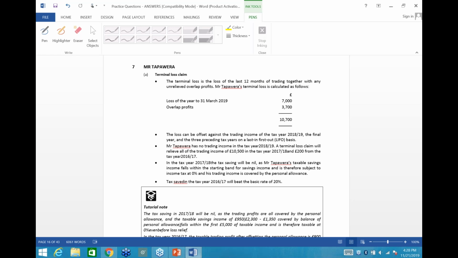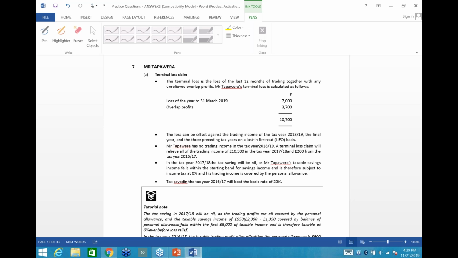There are unrelieved overlap profits of 3,700. When I was doing the previous question, I explained the meaning of the concept overlap profits. In January 2019, Mr. Tapp sold a residential buy-to-let property which he had inherited on the death of his grandfather in March 2014.